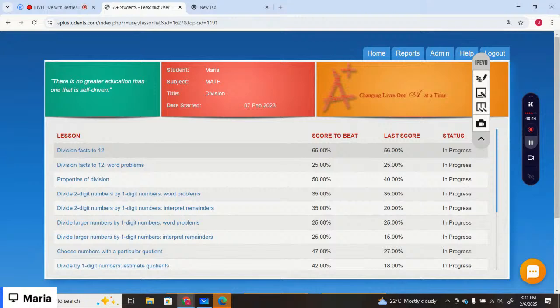The next lesson is divide two-digit number by one-digit number word problem. So let's just start with the lesson.